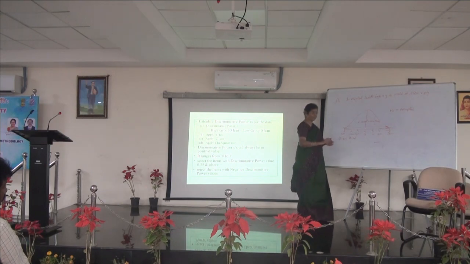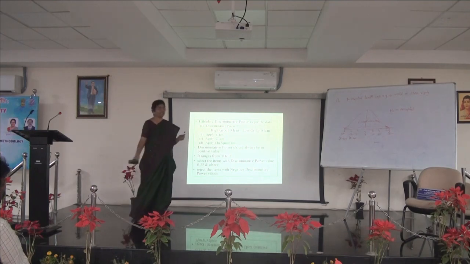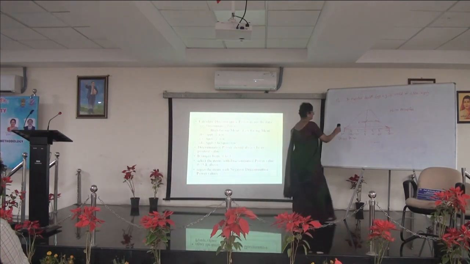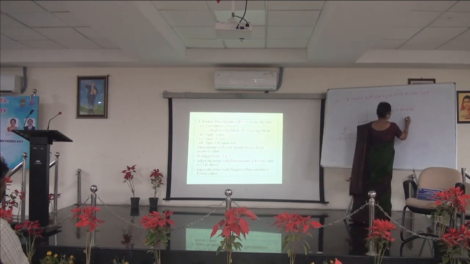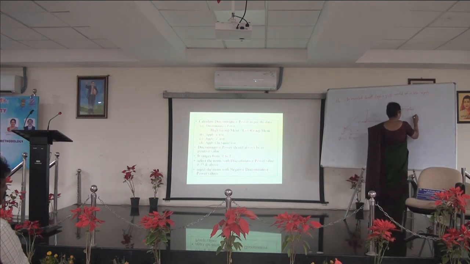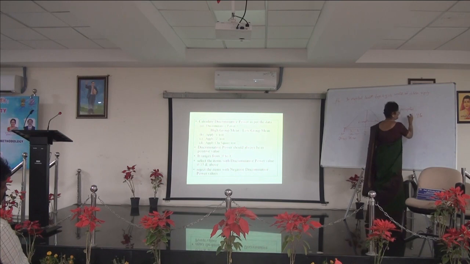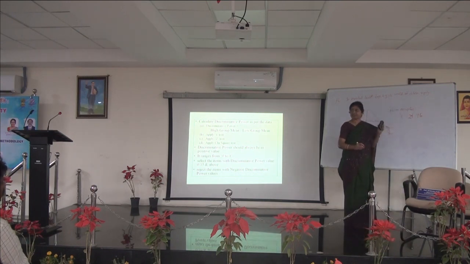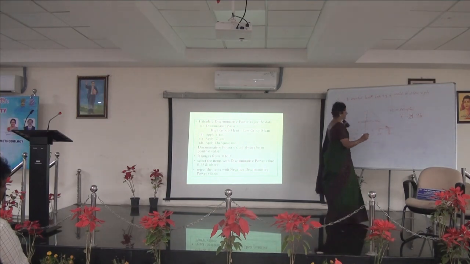But we do a t-test and find out the level of significance. If our p-value is significant, equal to or greater than 1.96, it means that we need to accept our hypothesis.